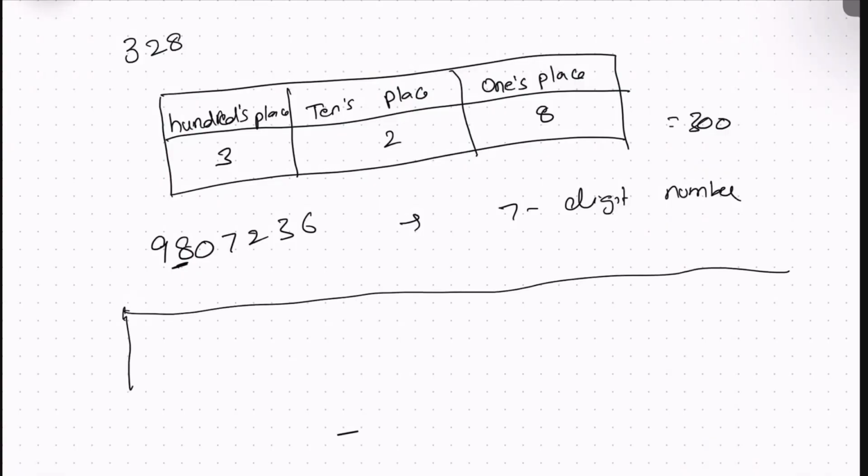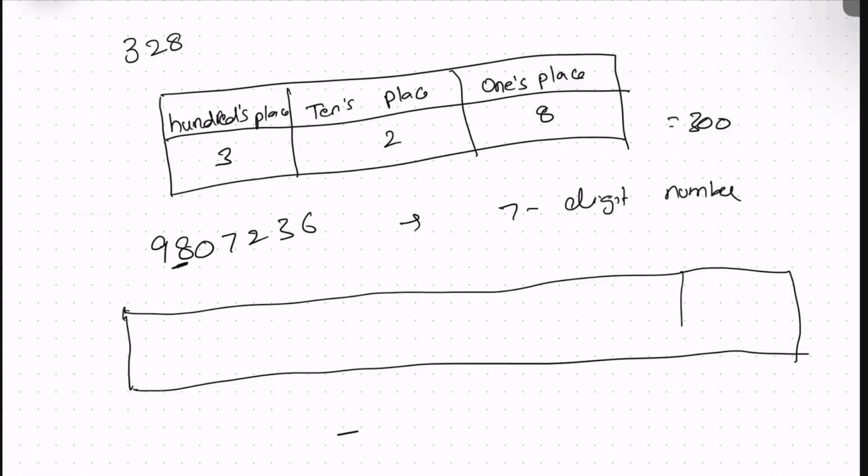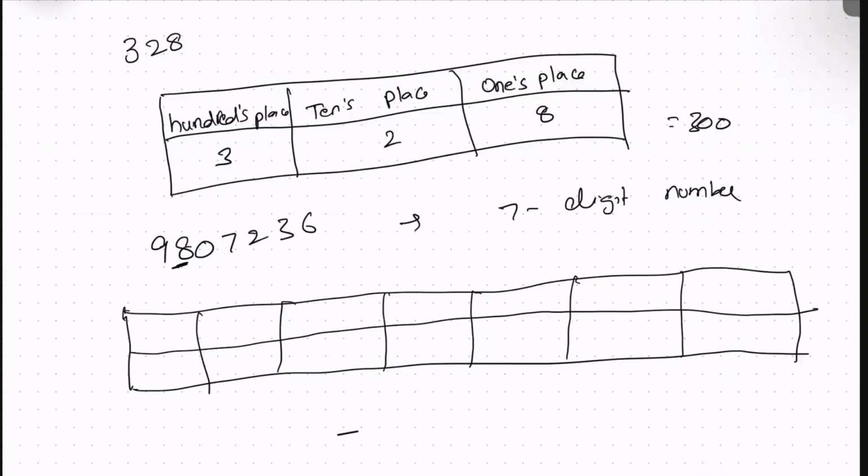Make a chart with 7 sections: 1, 2, 3, 4, 5, 6, 7. From right to left, just keep writing the places.